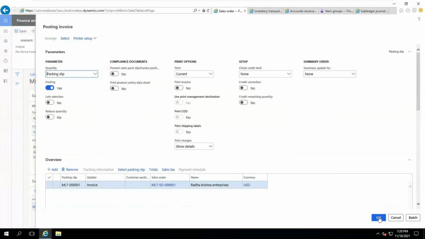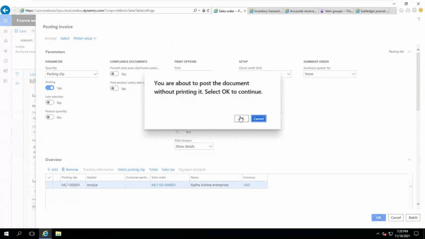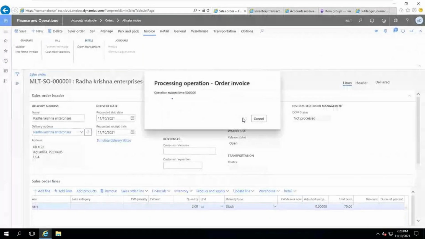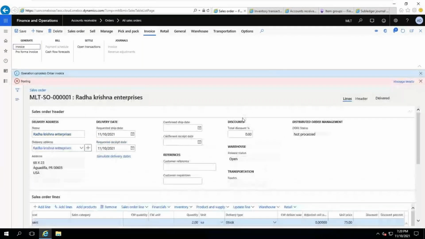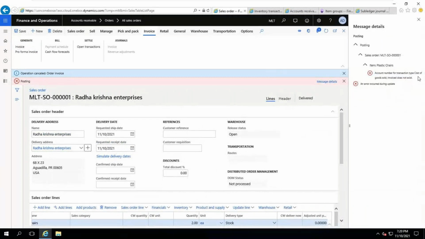Click OK. And it is a warning message. Click OK. Message details. So cost of material, goods sold, invoice does not exist.